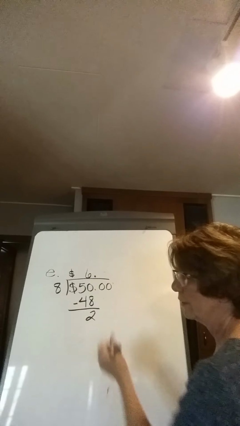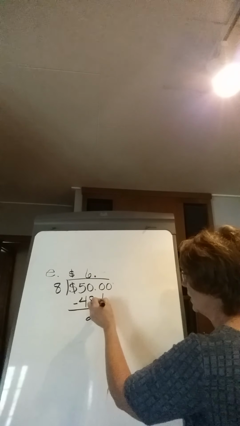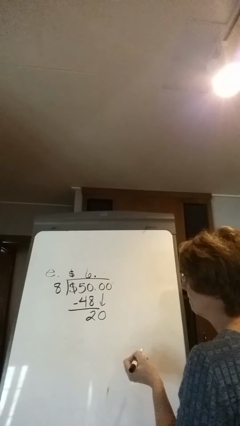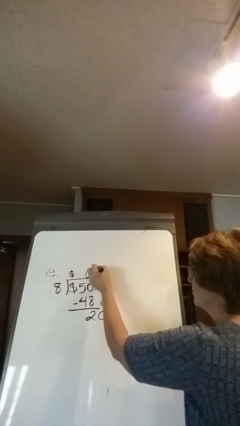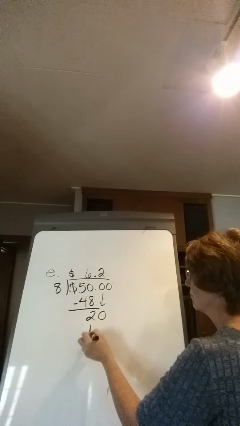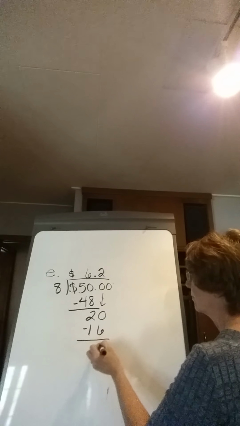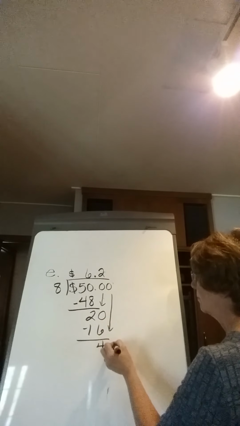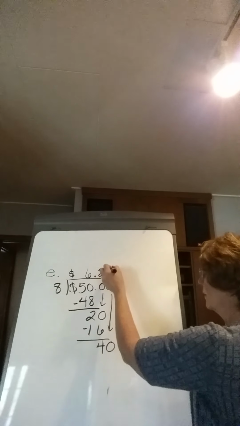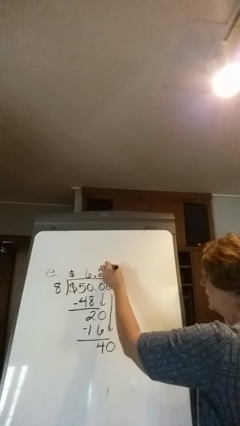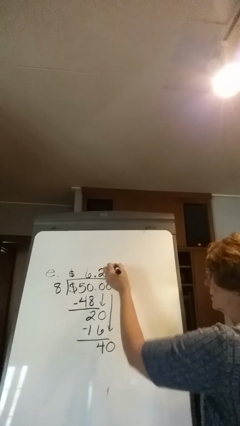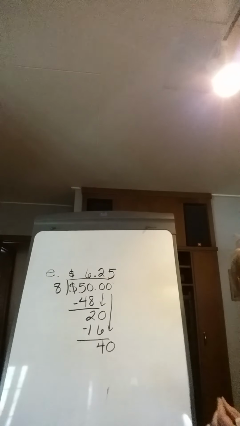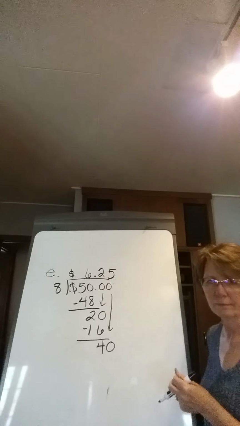Now I know 2 is smaller than 8, so we're good, but you have to bring down the 0. 8 goes into 20 2 times, then into 40 5 times. So your answer is $6.25.